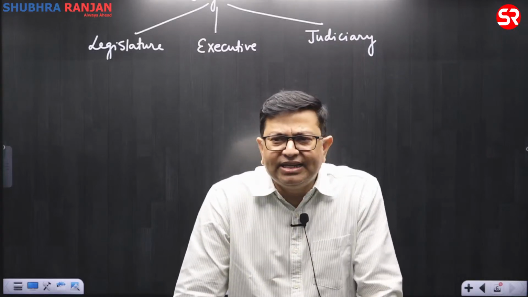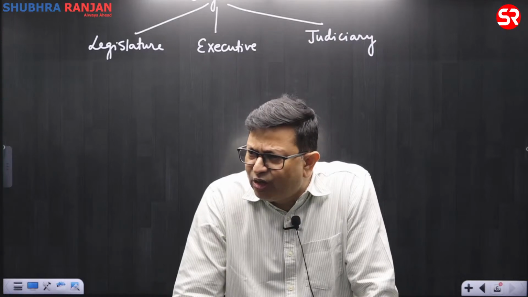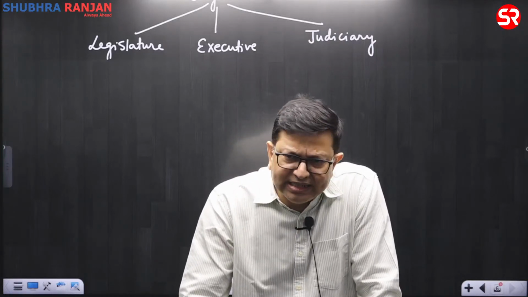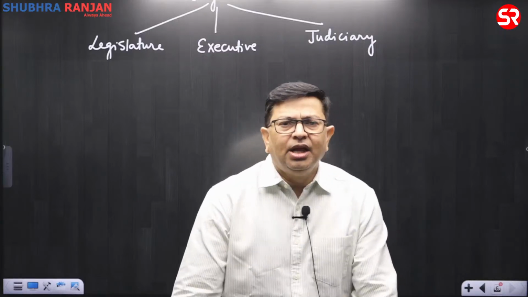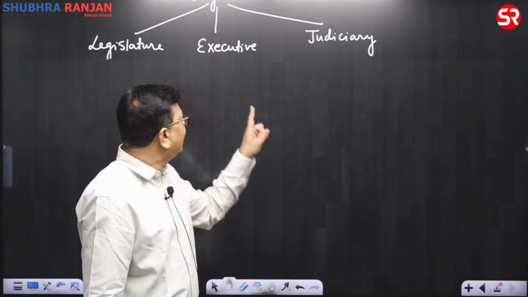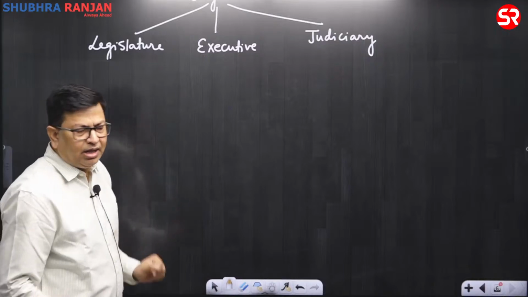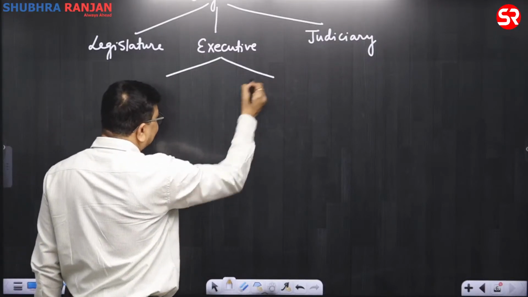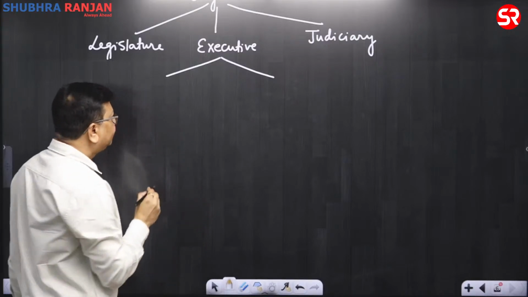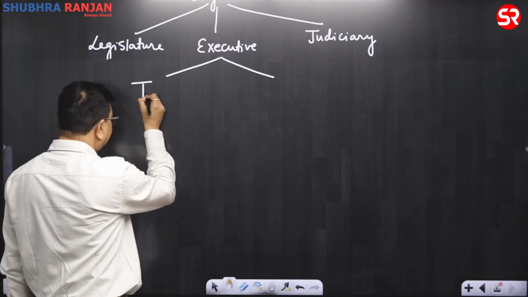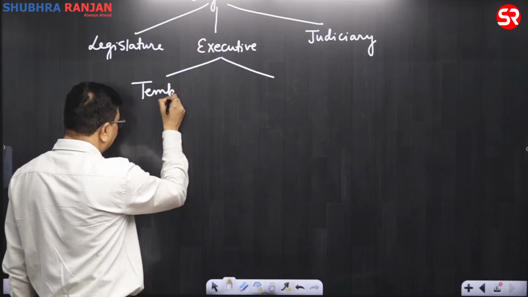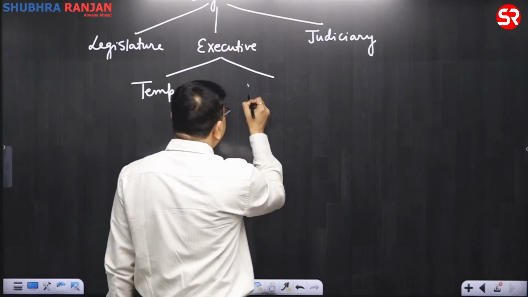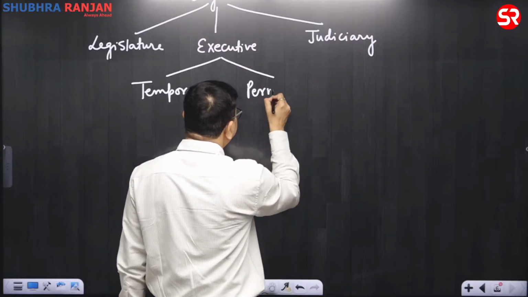Some of the countries have got unicameral legislature, some of the countries have got bicameral legislature, two houses are there. Now, coming to this executive, across the globe also we have seen two types of executive. Temporary and permanent.